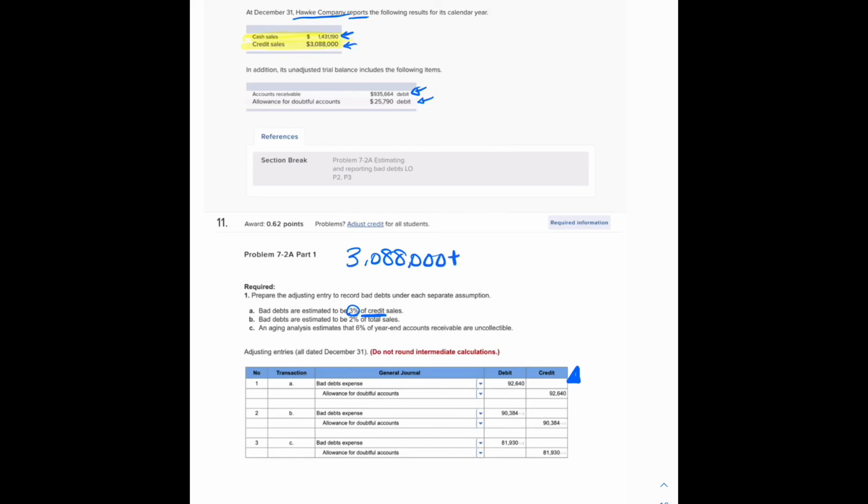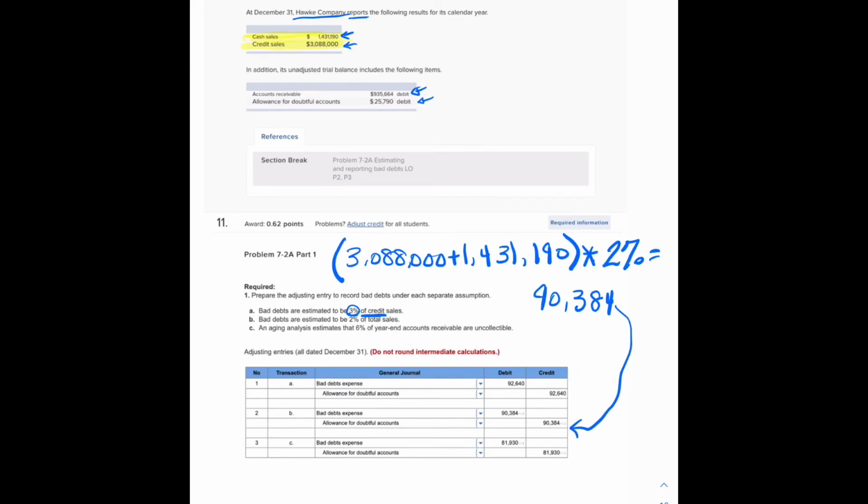I'll add that to my cash sales of $1,431,190, and I'll multiply that combined number times 2%. So when I take that times 2%, the number that I will get is $90,384. And that number will now be dropped directly into my next journal entry.